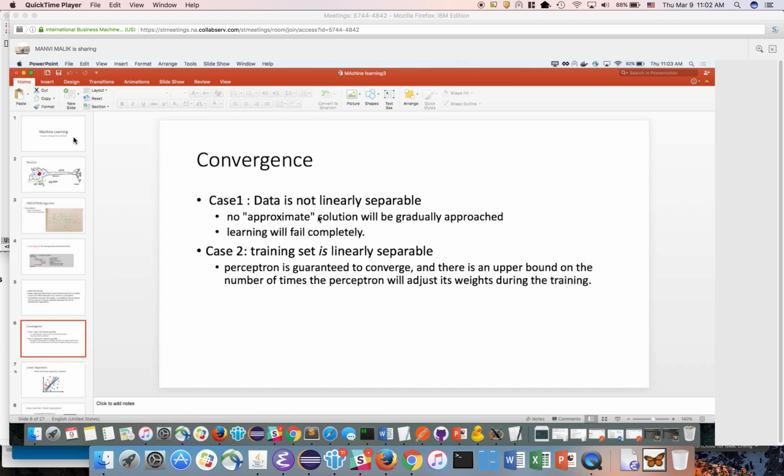So the answer is difficult, but I don't think we can clearly say that if the perceptron is failing to converge, it's not linear. It's very possible, but we can't guarantee that. Okay.